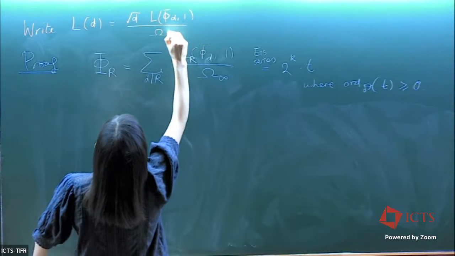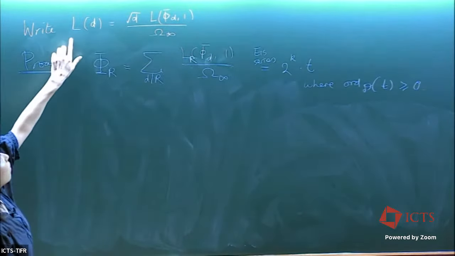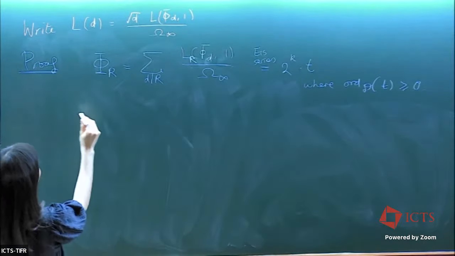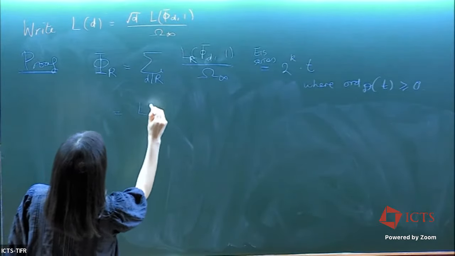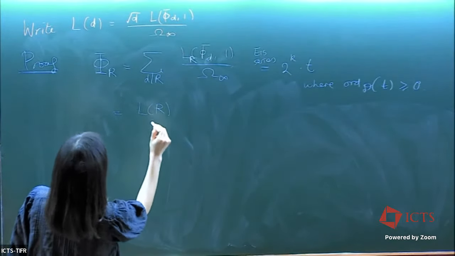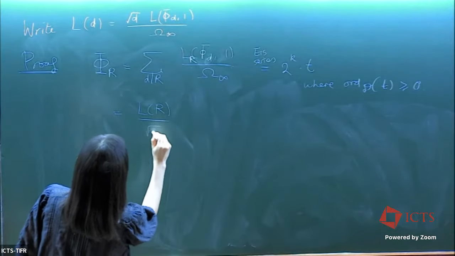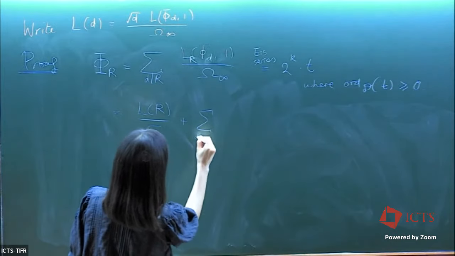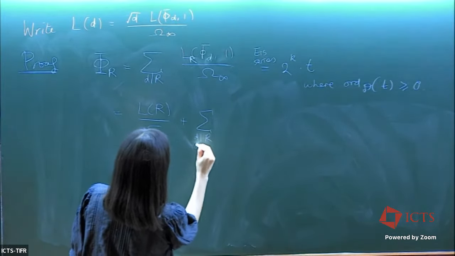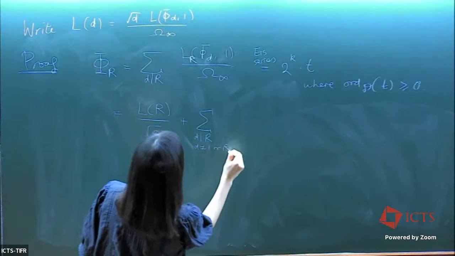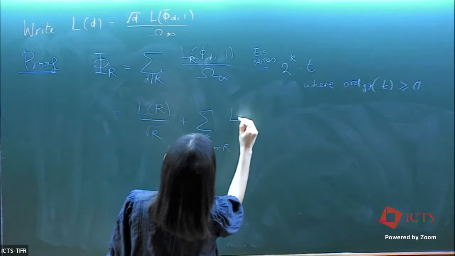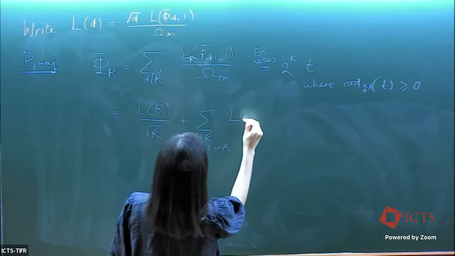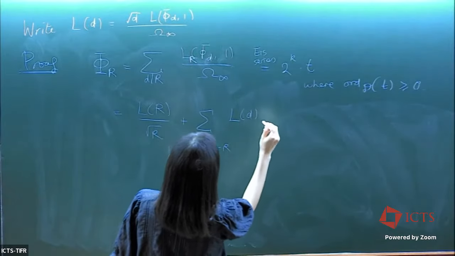So what we want is the valuation of L_R. This is equal to L_R divided by square root of R, plus a middle sum, where D is a divisor of R but D is not equal to 1 or R. And you can take out the Euler factors so that the remaining term is primitive.